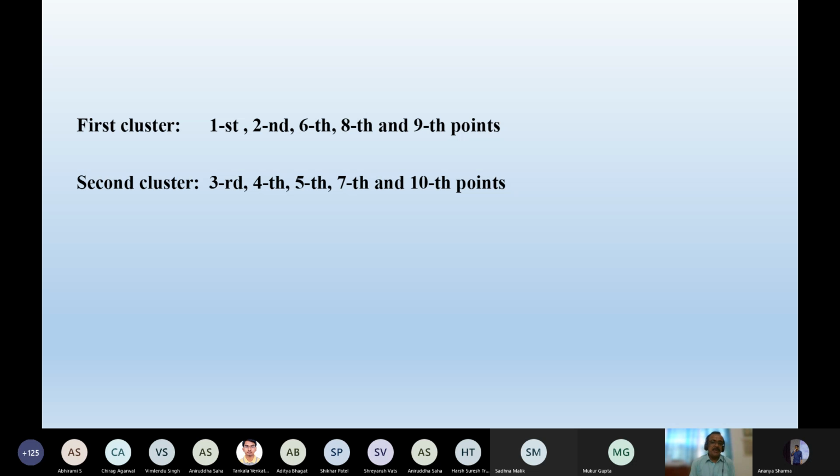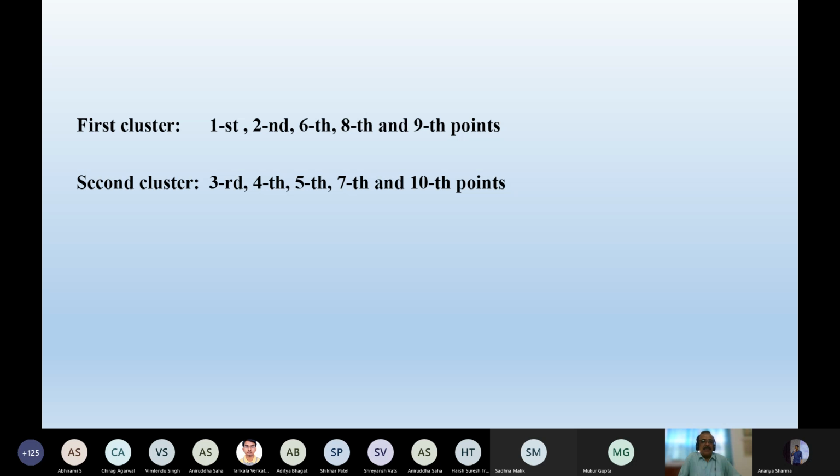Now, supposing that we have got the clusters, we'll have to take one decision: whether these particular clusters are acceptable or not. What is the quality of the clusters which you have got?